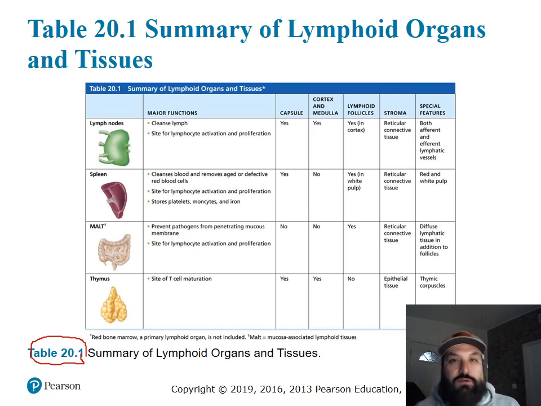You see the GI tract there. You don't see the tonsils per se, but you see MALT there. There's your thymus. Just to summarize these major lymphoid organs and tissues and their major functions, if they have a capsule, cortex, medulla, all those special features, what they do overall, just to summarize where we're at with the last part of the PowerPoint.